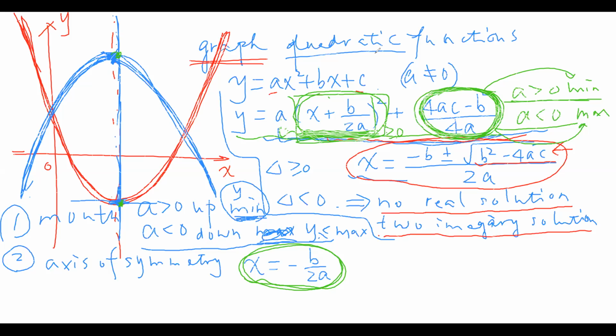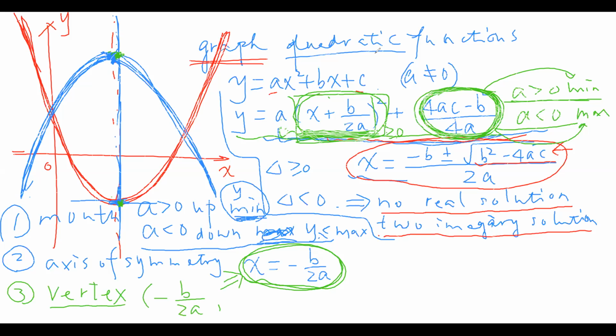So the third one. We call this minimum or maximum value the vertex. The vertex is located exactly on the axis of symmetry, so x is exactly the same as this one. What about y?